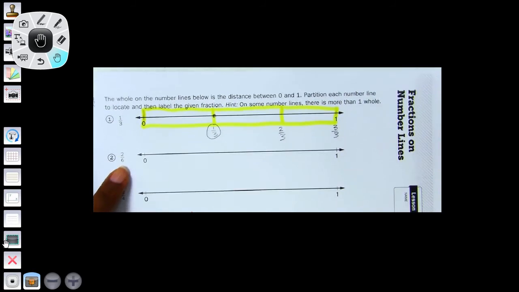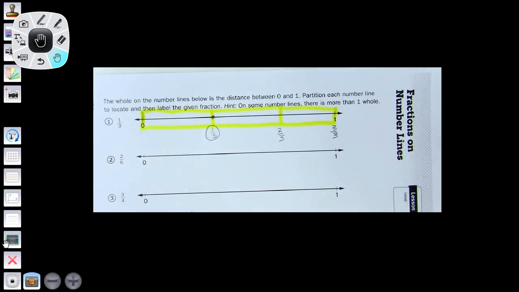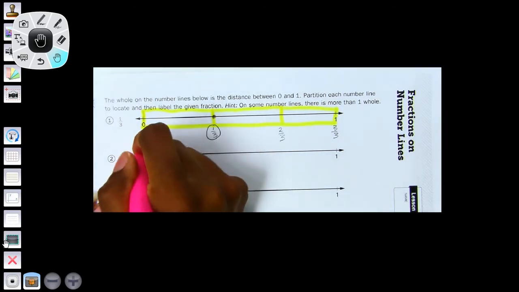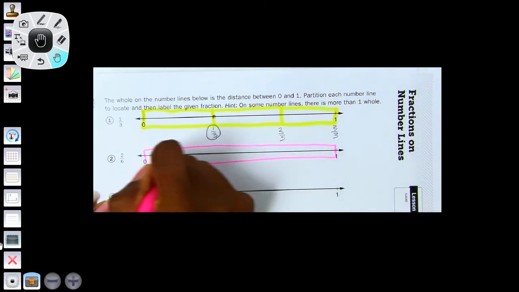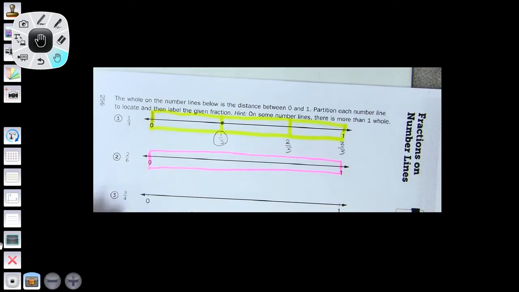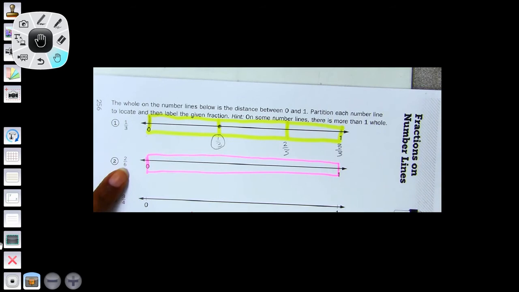Let's do 2/6. First, I need to identify the whole. And just like the last one, the whole takes up the entire number line. That won't be the case all the time. This time I need to divide the line into 6 parts.